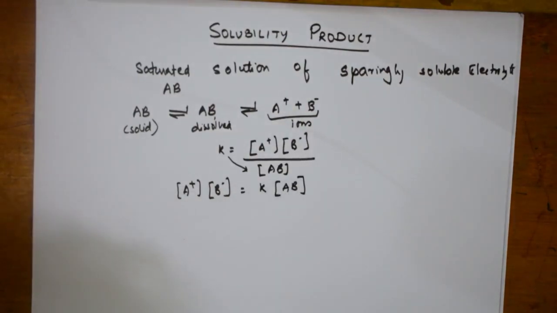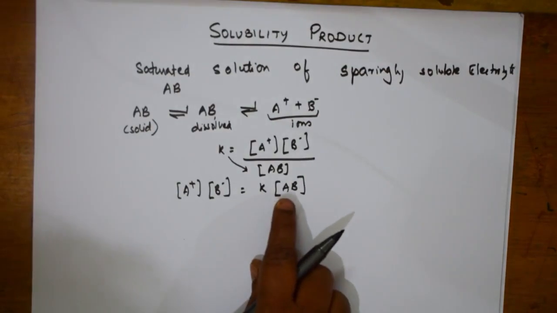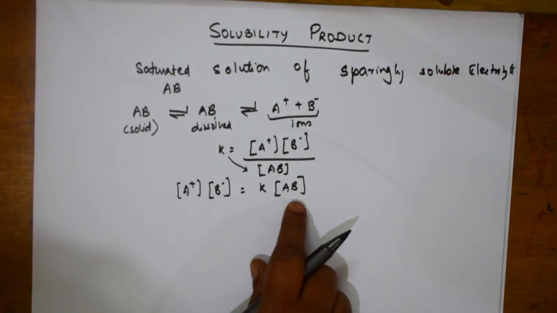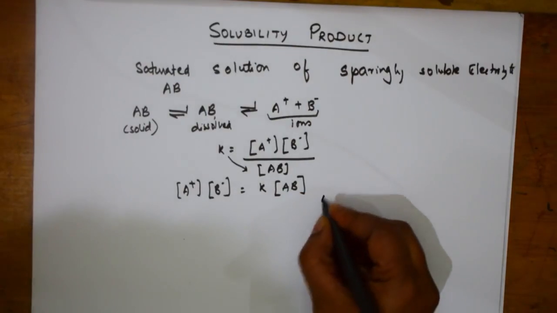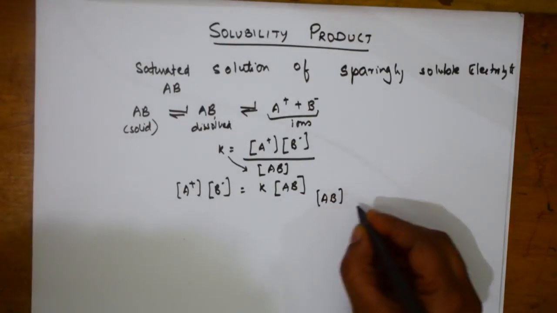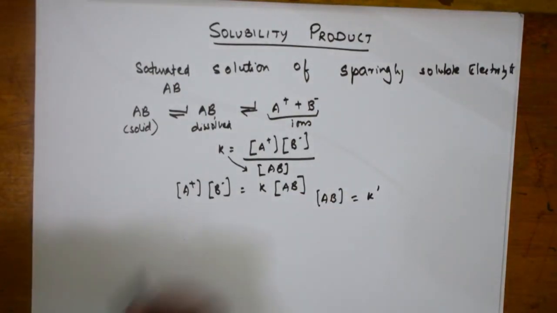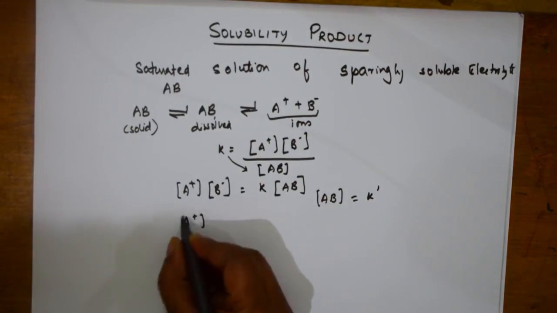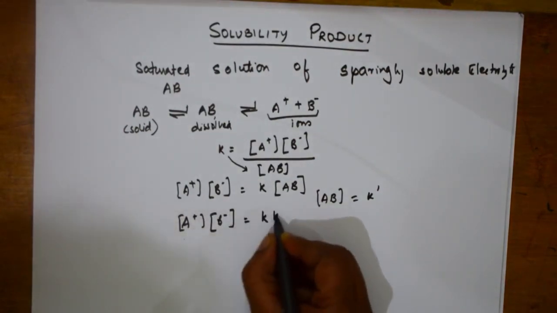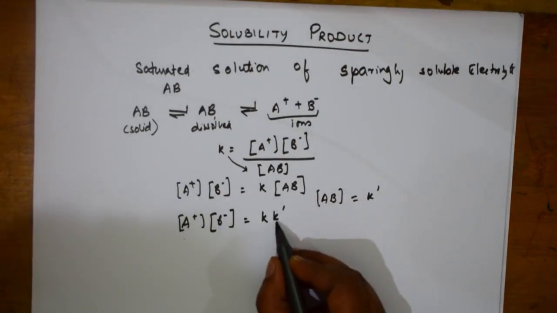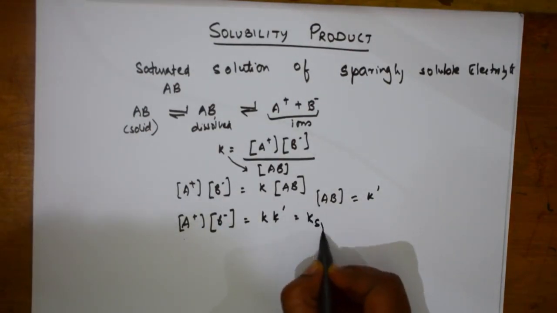Now if AB is a constant, let us take K into AB as K prime. Then concentration of A plus and concentration of B minus becomes equal to K prime. K prime is equal to Ksp. That's it.